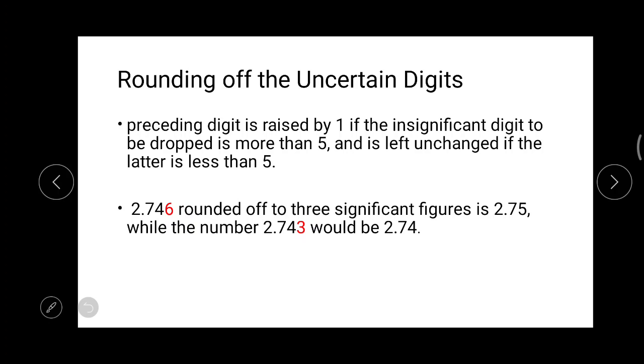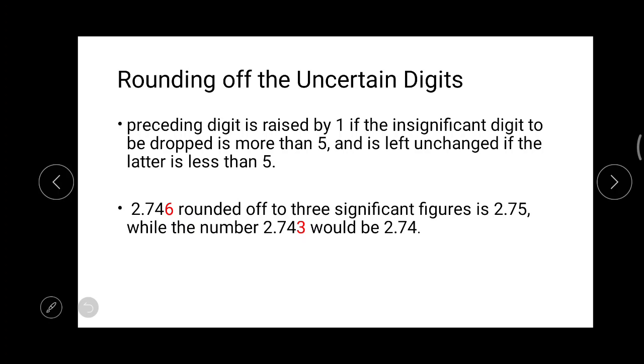Here, the preceding number means the number which is very closer to the number that you have to remove. The number which we have to remove is known as an uncertain digit, and from that portion onwards we have to remove.